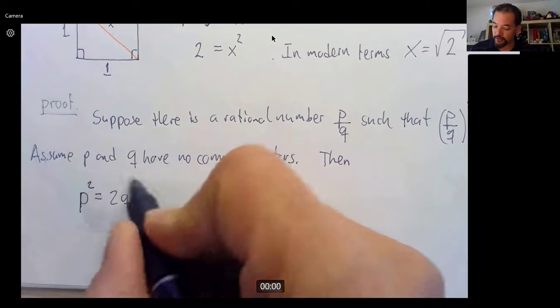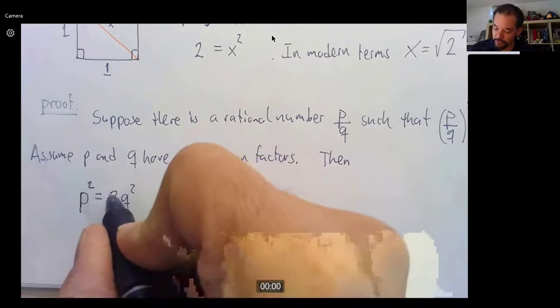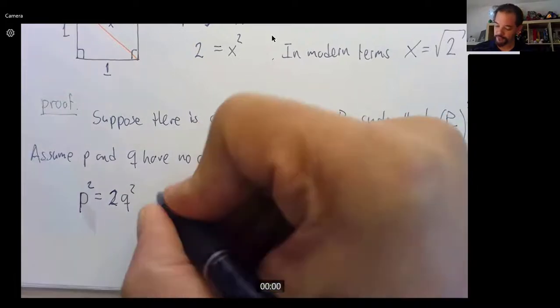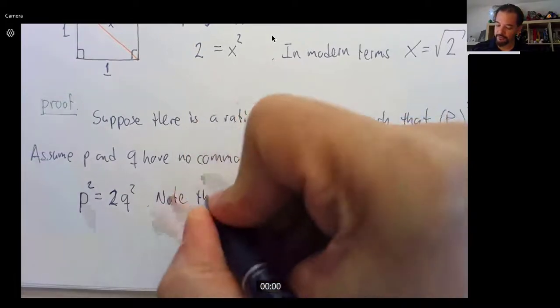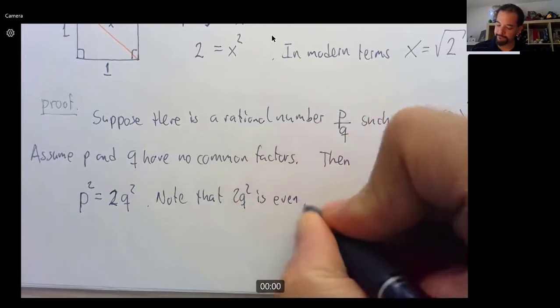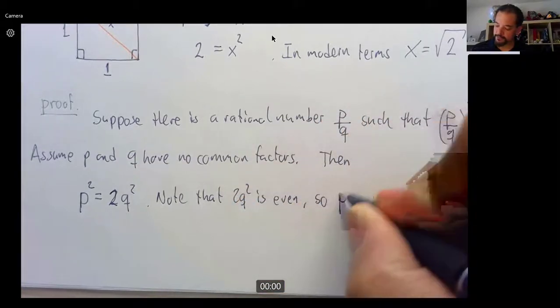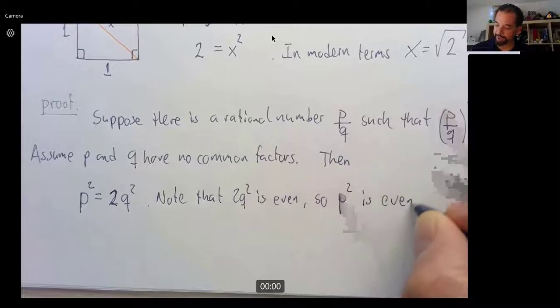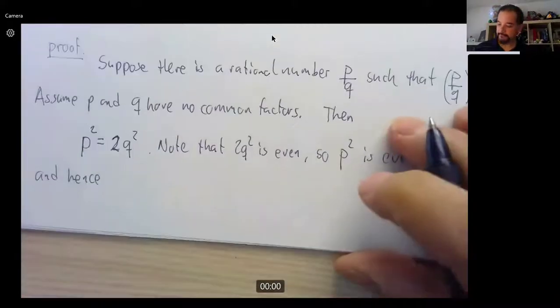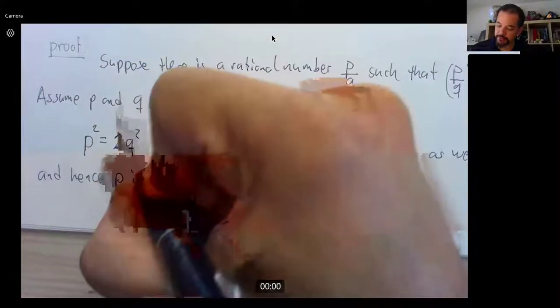But this guy is not odd, it's even, because you can see the 2. It's 2 times something. Note that 2q squared is even, so p squared is even as well, and hence p itself is even.